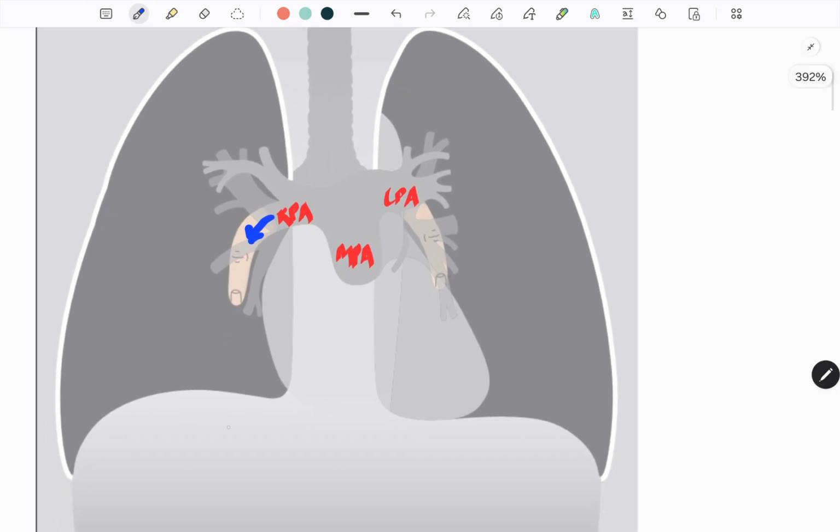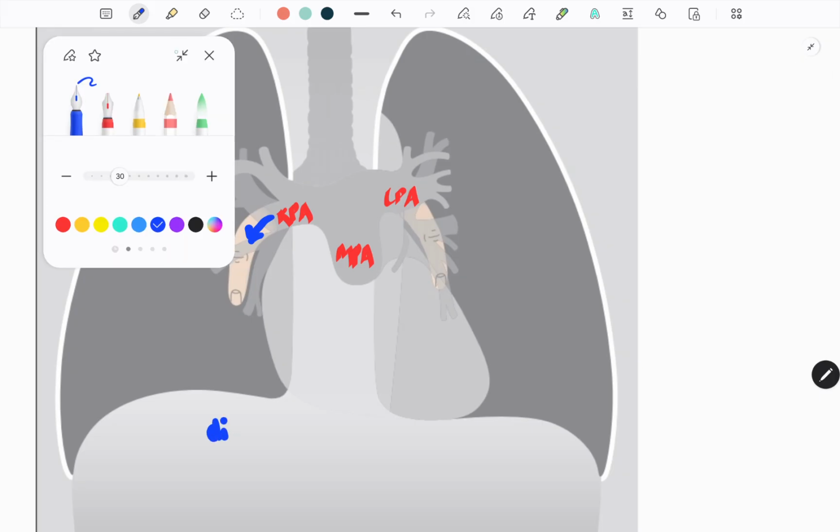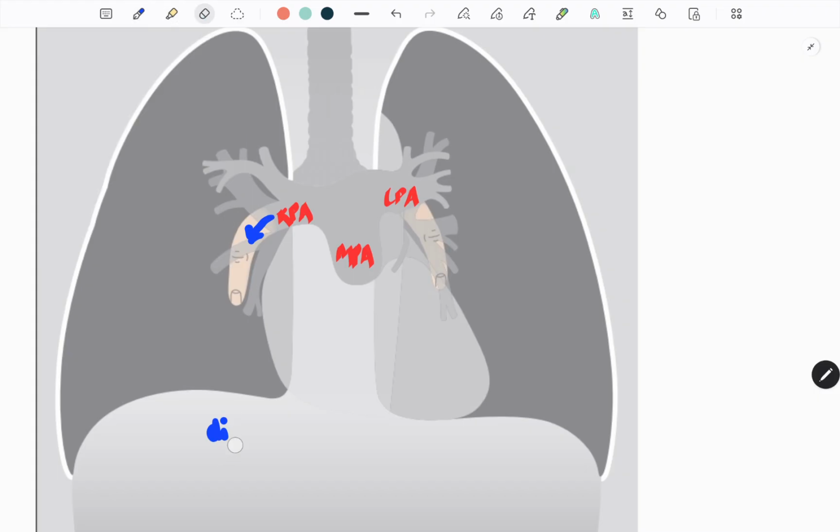The course of these arteries is directed medially and inferiorly, and we can assess them.